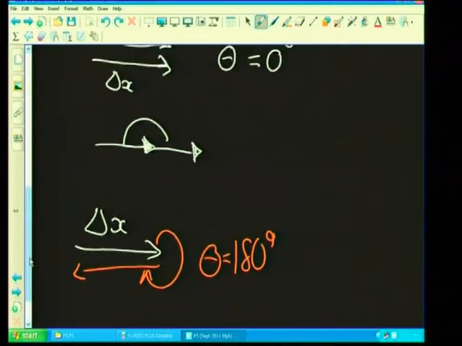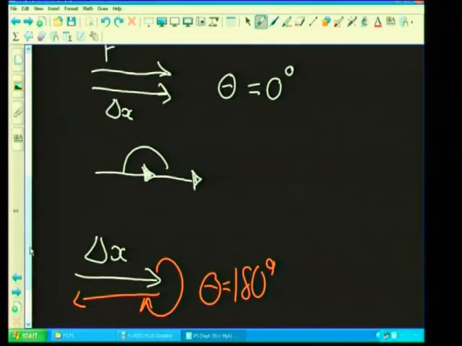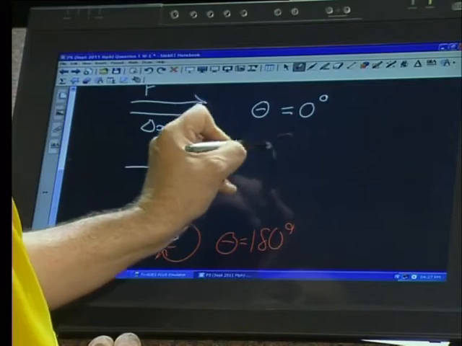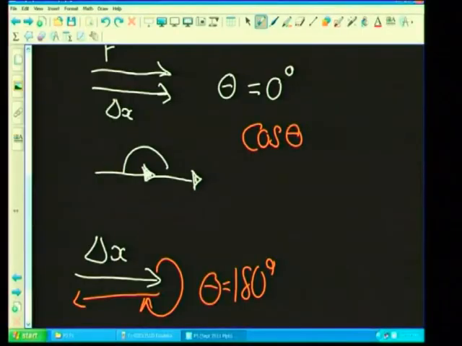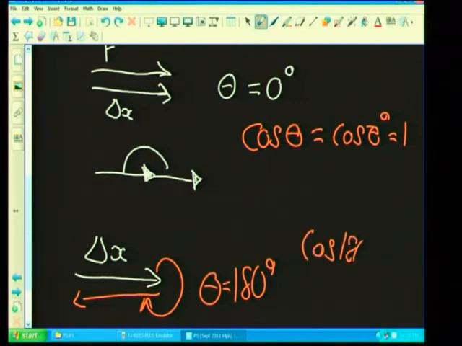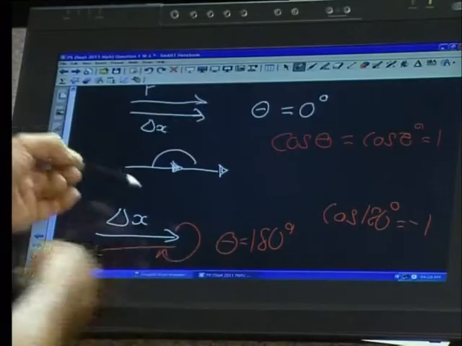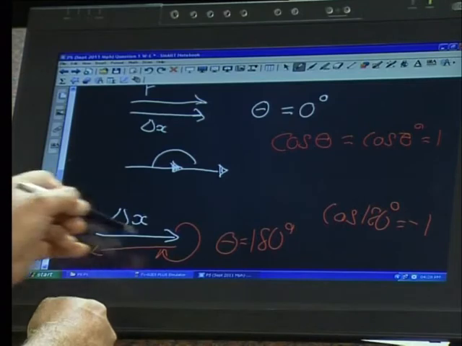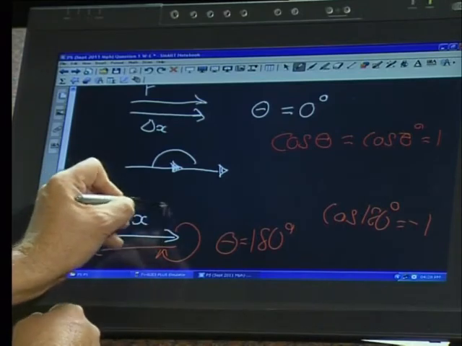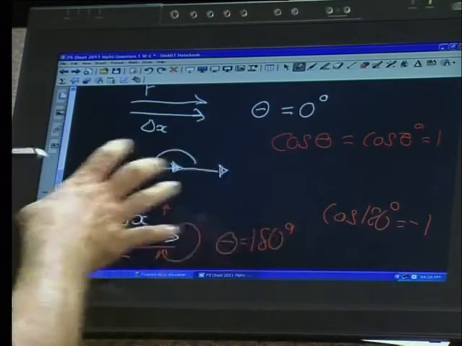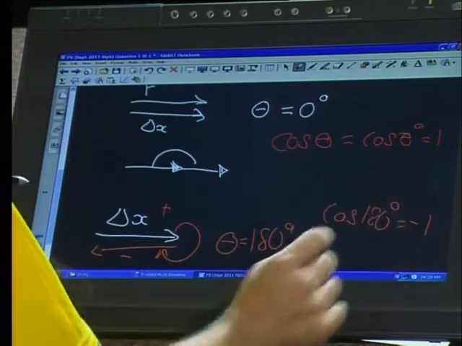All it's helping us recognize is that if they're in the same direction, cos of 0 degrees is going to be 1. But cos of 180 is going to be minus 1, and that's because they're in opposite directions. Here we've got this one in the positive direction, that one in the negative. That's why we need the minus 1.